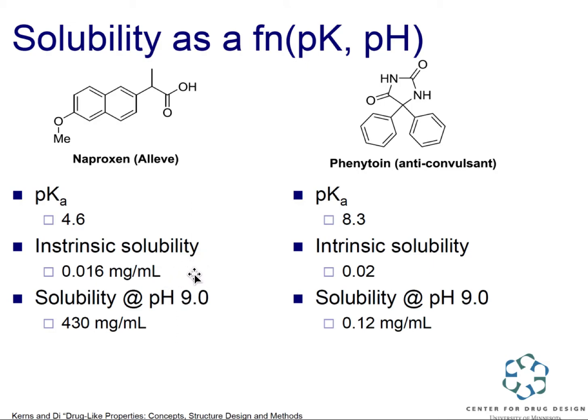Its intrinsic solubility as this species is low. So that means as a protonated species, it has a low solubility. If you take it to something that has a pH of 9, its solubility is extremely high because this is deprotonated and ends up becoming very soluble. And that means that it's likely that this is going to get absorbed through your small intestine when that pH does go up.